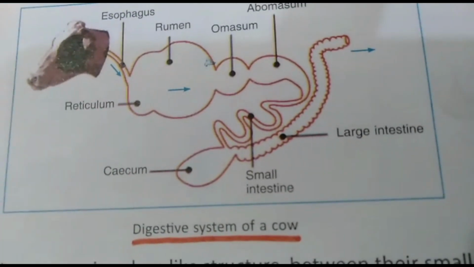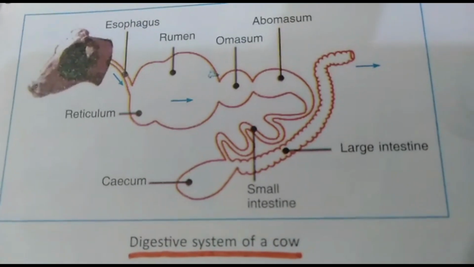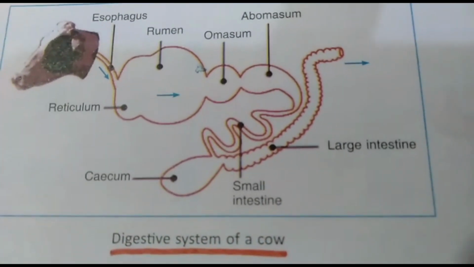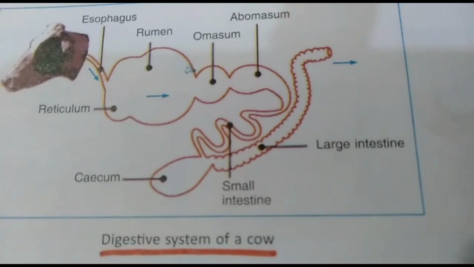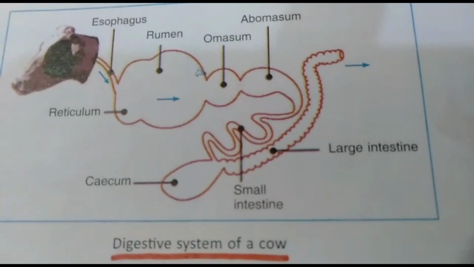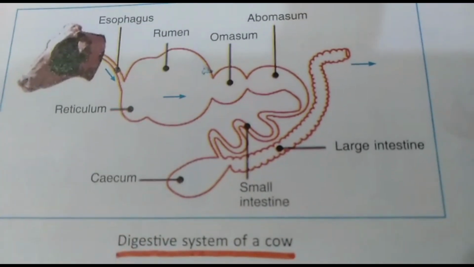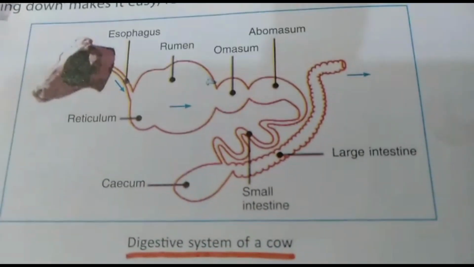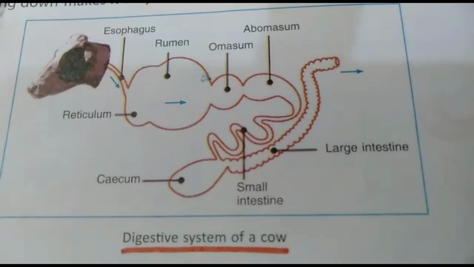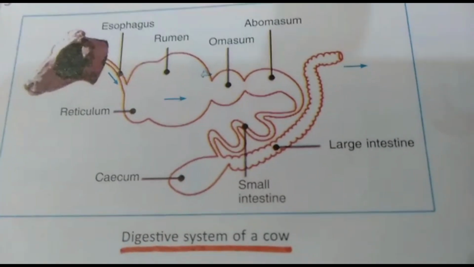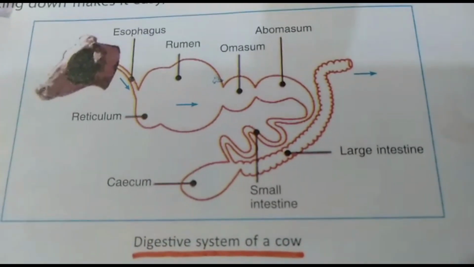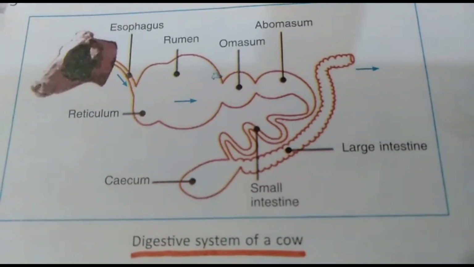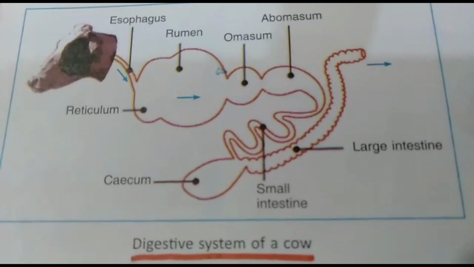Between them is a part called the cecum, which consists of useful bacteria. So students, you have to draw the diagram of the digestive system of the cow in your notes copy and label it properly. View it carefully and do all the labelings properly.